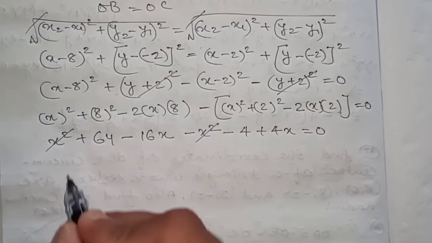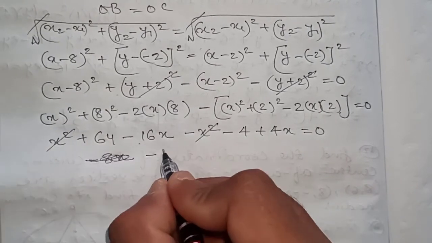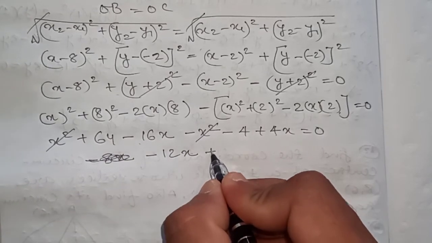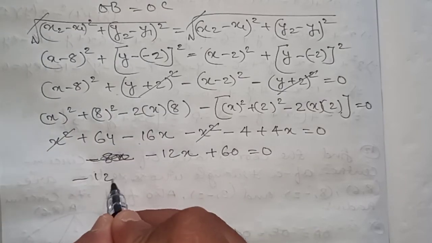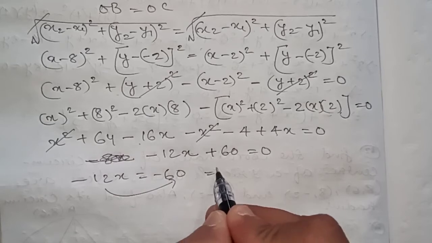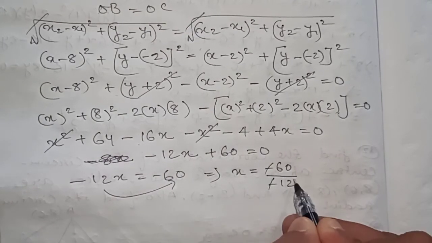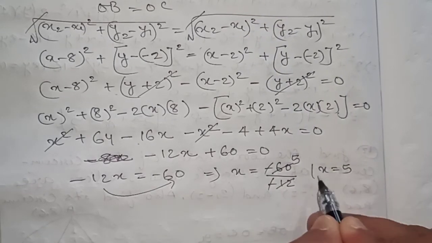X square and x square will be cancelled. Minus 16x plus 4x is minus 12x. 64 minus 4 is plus 60 equals to 0. Take 60 that side. Minus 12x equals to minus 60. Divide by 12 here. X equals to minus 60 by minus 12. Minus minus cancel. 12 5s are 60. So the value of x is 5.